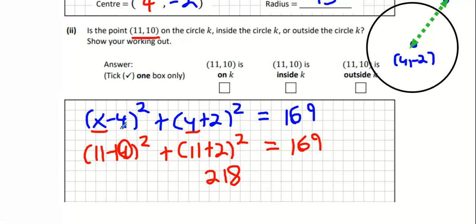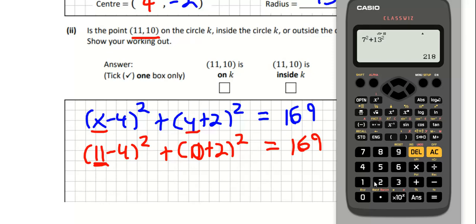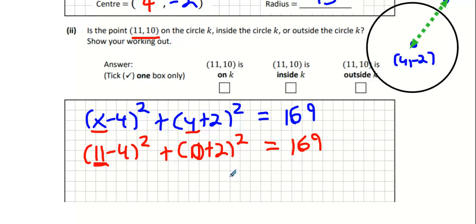There's the 11, and there's the 10. So it's 7 squared plus 12 squared, which is 193. So it's too big either way. Because it's bigger, it's outside.